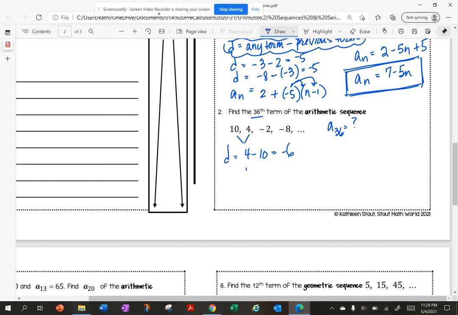So my 36th term is the first term, 10, plus the common difference, -6, times n minus 1, so 36 minus 1 is 35. So the 36th term is -200.